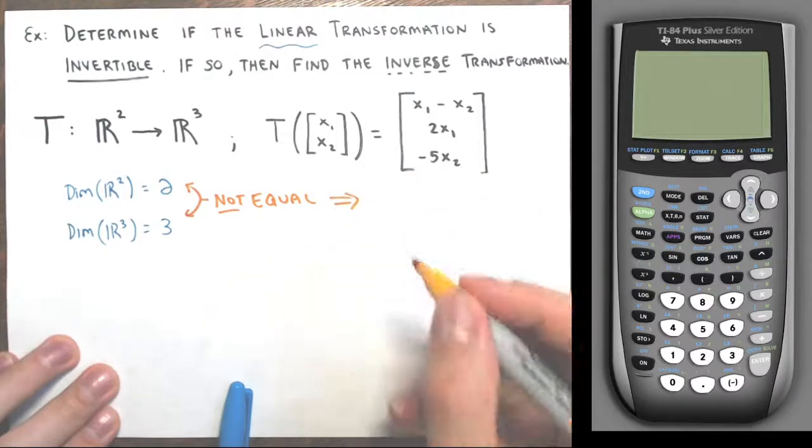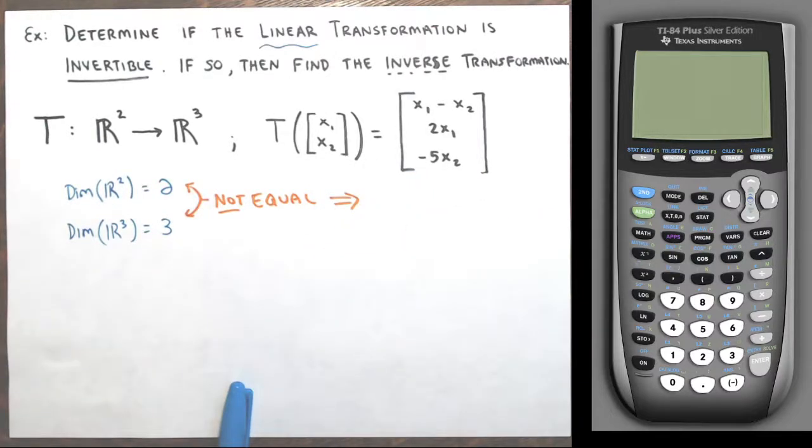If the dimension of the domain is not the same as the dimension of the codomain, then right away you know that the standard matrix for that linear transformation is not going to be square, so it can't have an inverse. This transformation can't be invertible.